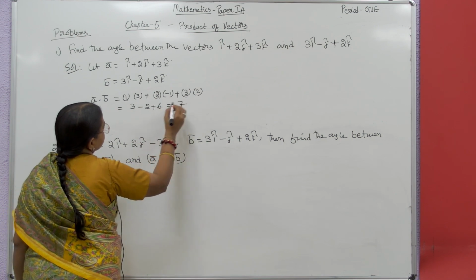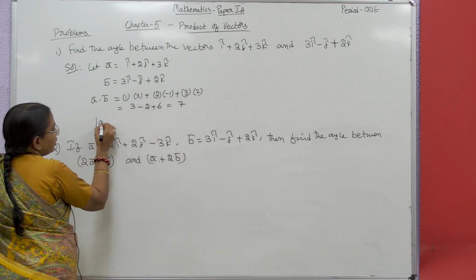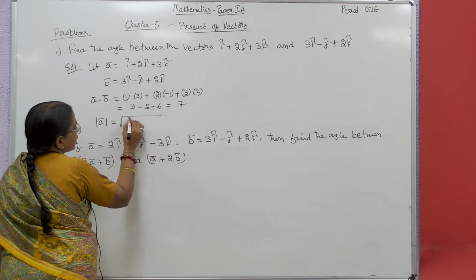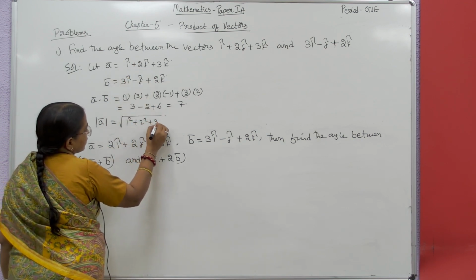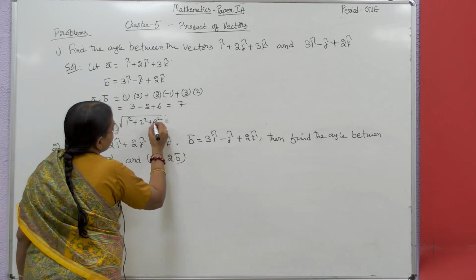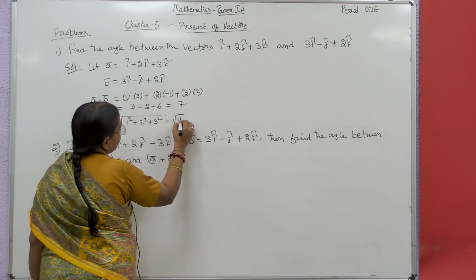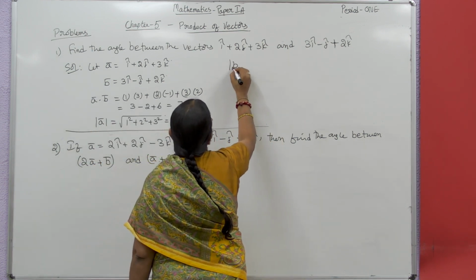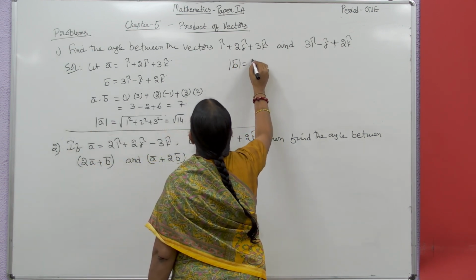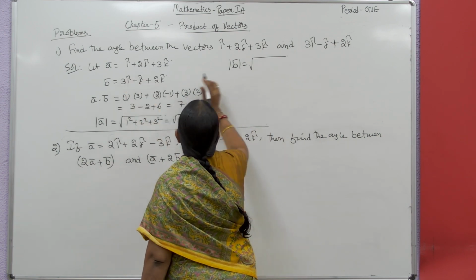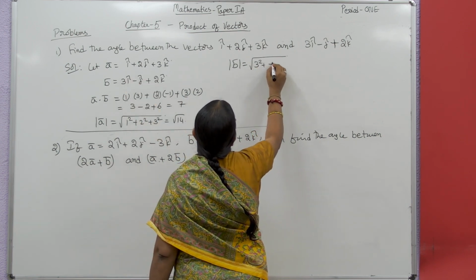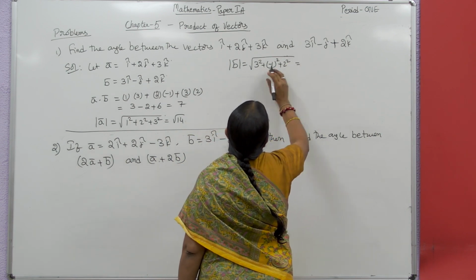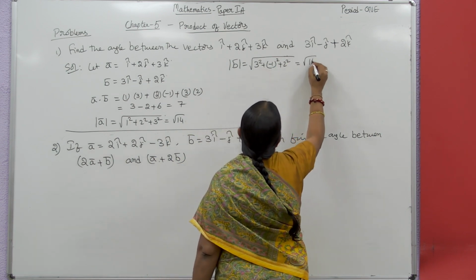That is 7. Now find mod A. Mod A is root of 1 square plus 2 square plus 3 square, which is root 14. Okay, next we'll find mod B. Mod B is equal to root of 3 square plus minus 1 whole square plus 2 square. This is also root 14.